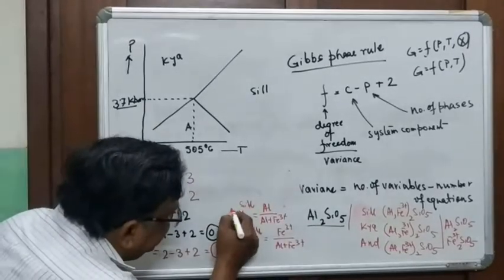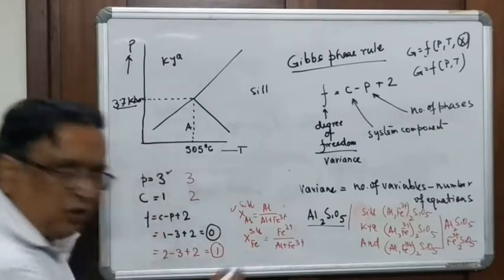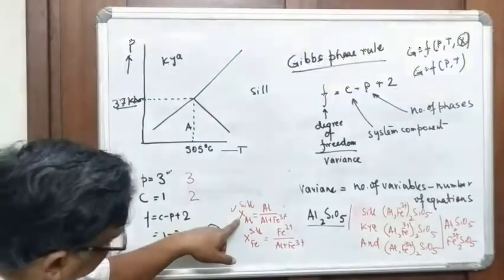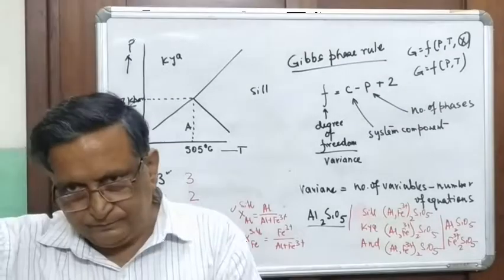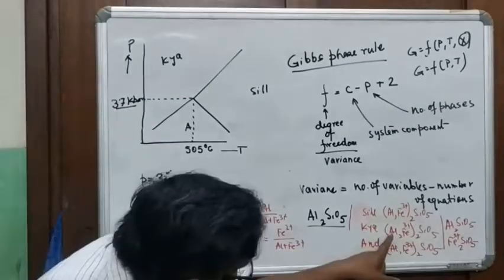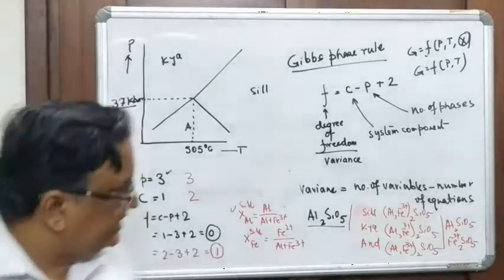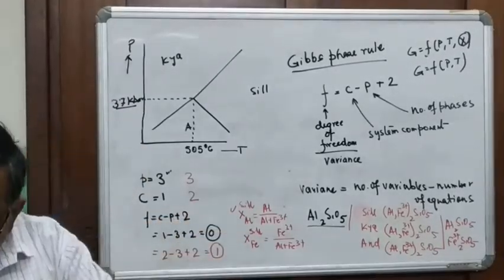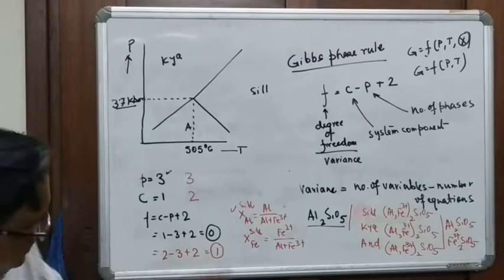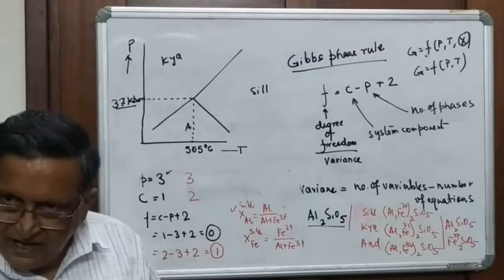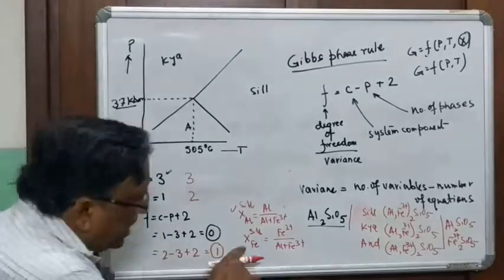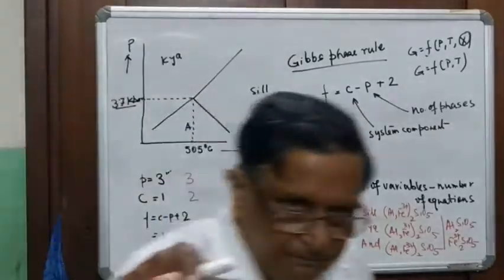So if this is a variable, then if you know this, this is automatically known. Same for kyanite, same for andalusite. These are not independently varying variables. One of them is an independent variable, the other one is a dependent variable.